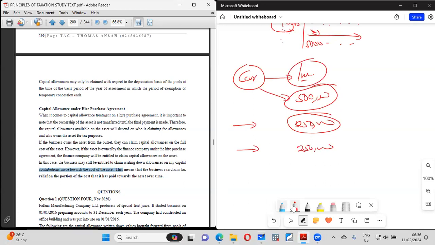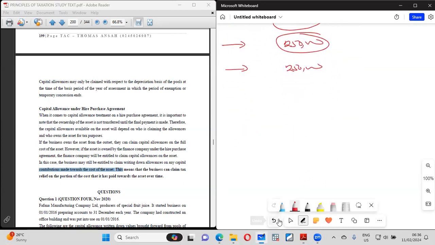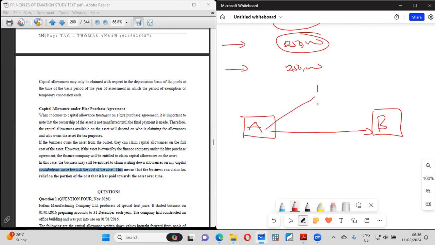So this is the idea. Now, like I keep explaining to my students, when it comes to leases and hire purchase, this is how it works. We have company A and company B. Company A is going to lease an asset of B, but it doesn't happen as a direct negotiation. Company A is using a bank.